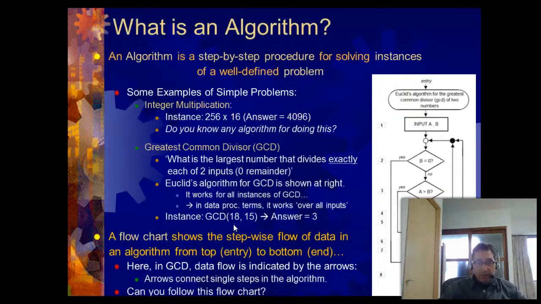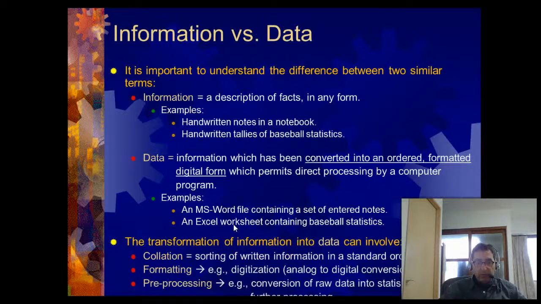Okay. The transformation of information into data can involve collation, which is like you've done sorting in Excel, probably sorting a column. So sorting of written information in a standard order, formatting, for example, digitalization.